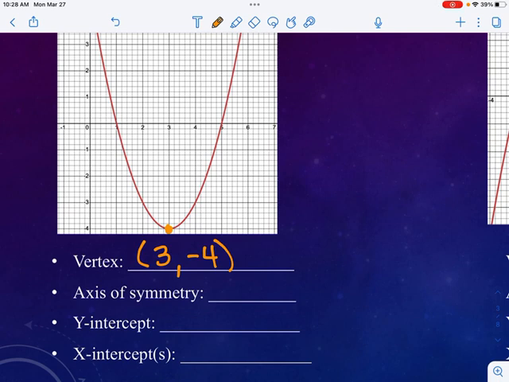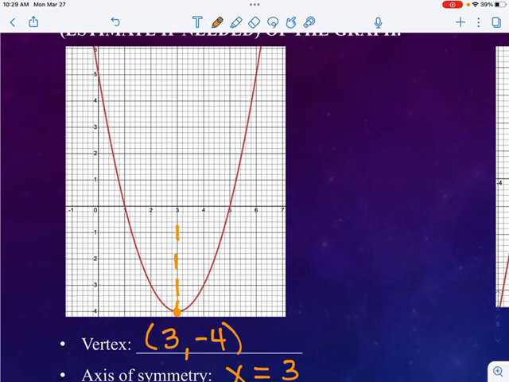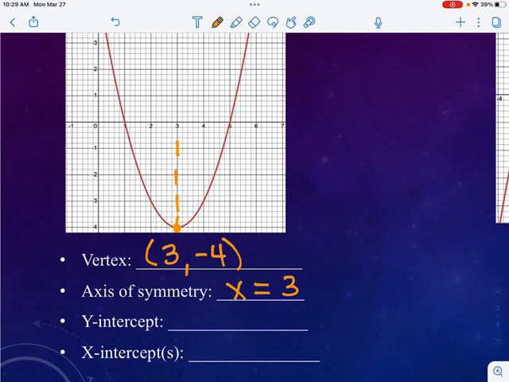The axis of symmetry is the line that goes through the vertex, so it would be the equation x equals 3. To find the y-intercept, we look at where the graph crosses the y-axis, and the y-intercept on this problem would be 5. And for the x-intercepts, where does it cross the x-axis? In this case, it would be at 1 and 5.